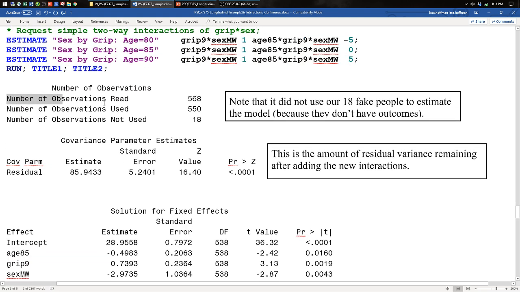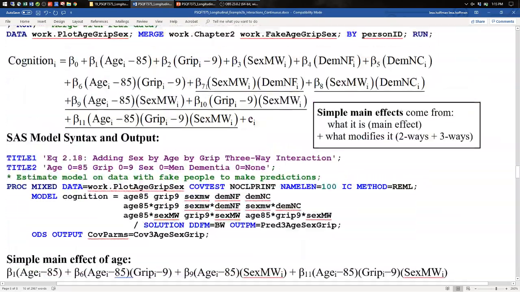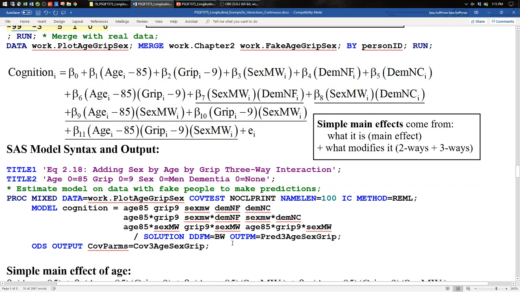So I want to point out here, SAS told me that it did not use 18 observations. Those are my fake people. So that's good news. It shouldn't use fake people in estimating the model. The only reason I put them in is because of this command, right here. Do you remember what that does? Those of you who were here last time?